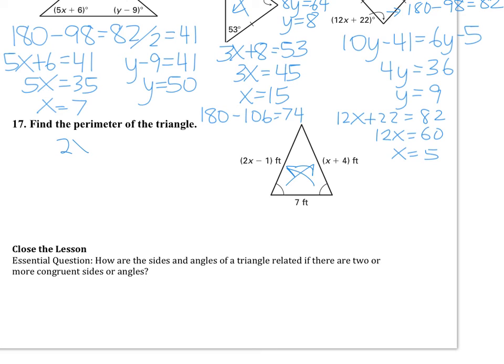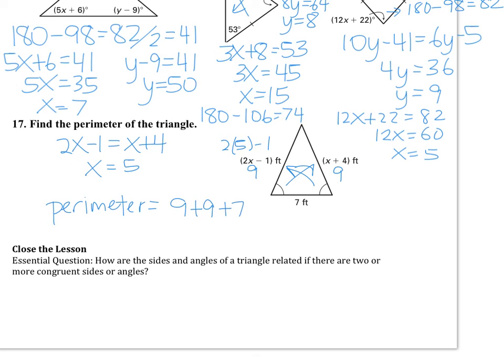We first find the value of x. Substitute it back in. If it's 9 on one side, it's 9 on the other. And the perimeter is just adding them together. And that's 18 plus 7, which is 25 feet.